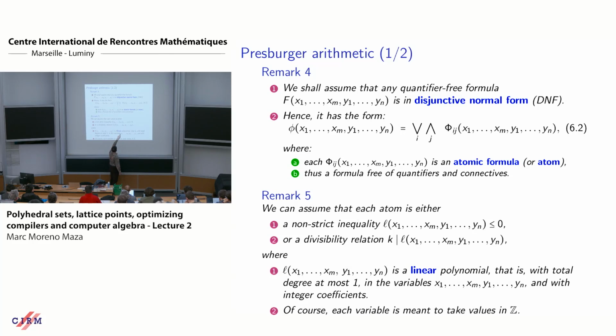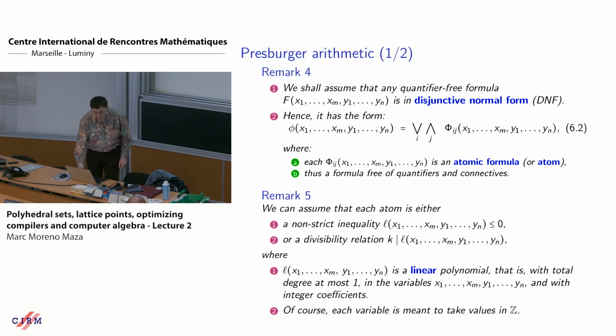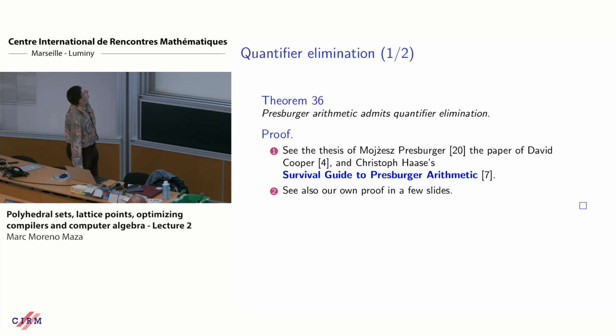So either we have L less or equal than 0, or K divides L, where K is a number and L is a linear polynomial. By linear, I mean a polynomial of degree 1. It could have constant terms, of course. Using linear is a bit of an abuse, but it's a convenient abuse.